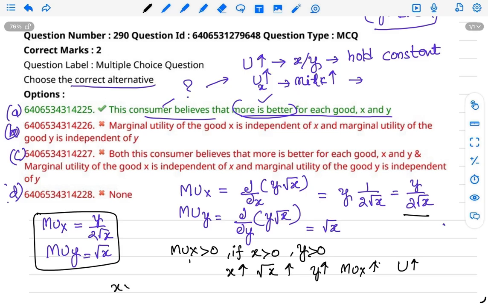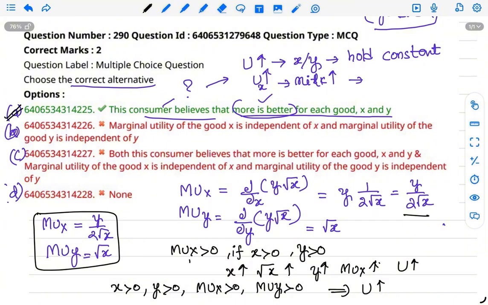So x is greater than 0, y is greater than 0, MUx is also greater than 0, and MUy is also greater than 0. So the utility function is also increasing. So this consumer believes that more is better for each good x and y. So option A is correct.